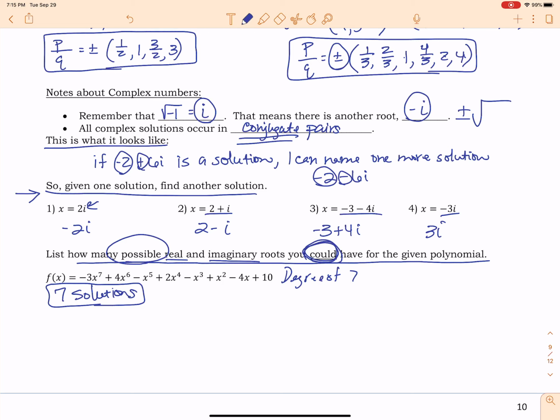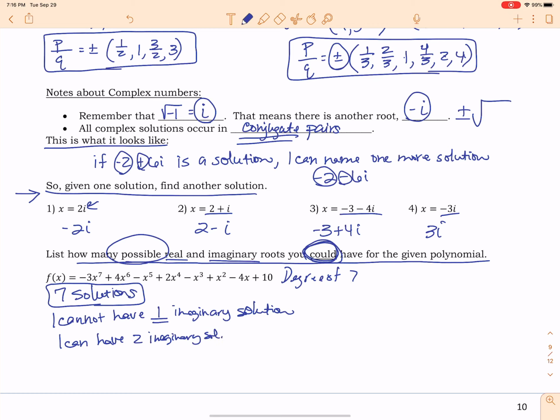All right, what you have to stop and think about here is the idea that I cannot have one imaginary solution. They have to be in pairs. So here's the deal. I can have 2 imaginary solutions, or 4, or 6, because those come in pairs.